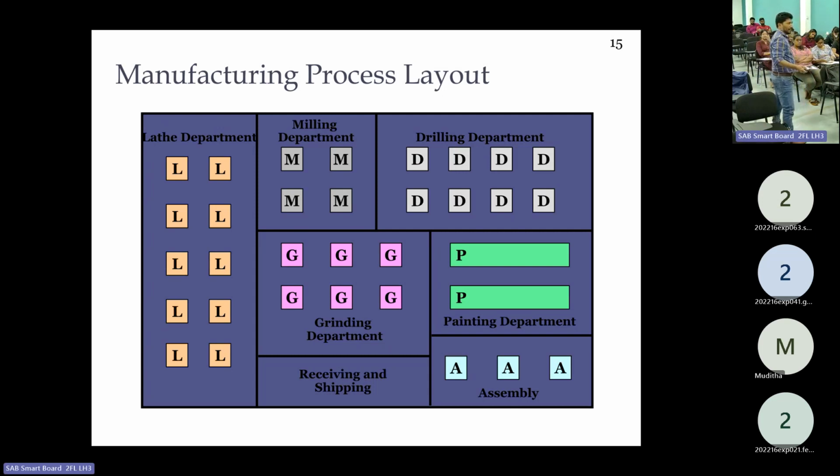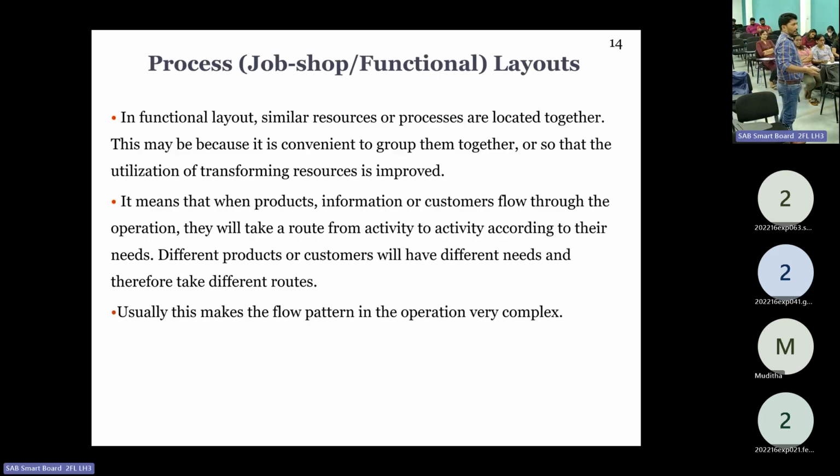It is mentioned here: in functional layouts, similar resources or processes are located together. This may be because it is convenient to group them together, or so that the utilization of such transforming resources would be improved. Therefore, we can improve the utilization.